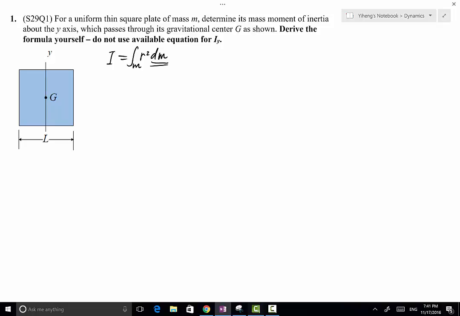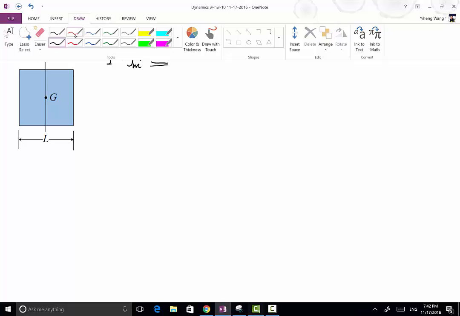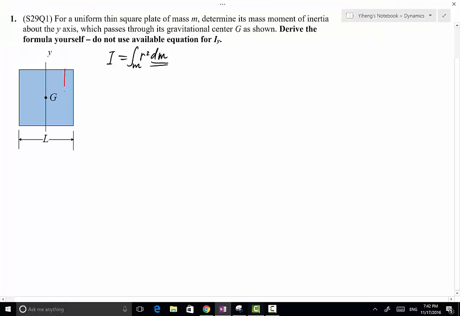So in this case, we're going to first choose our integration element. Instead of choosing a small element like this with dx dy, we are actually going to choose a differential element that is a little strip.